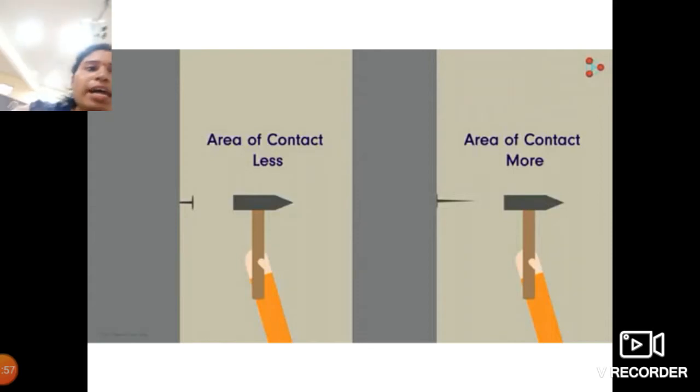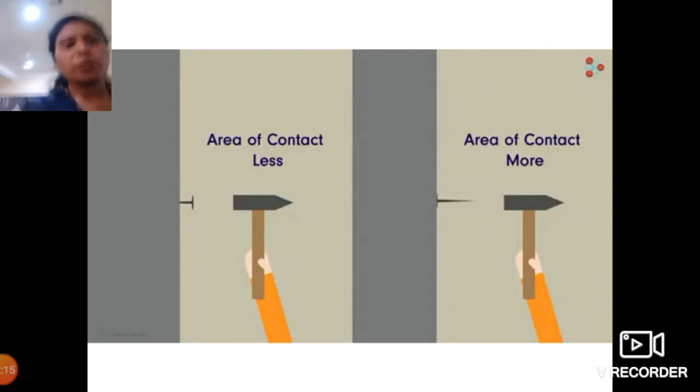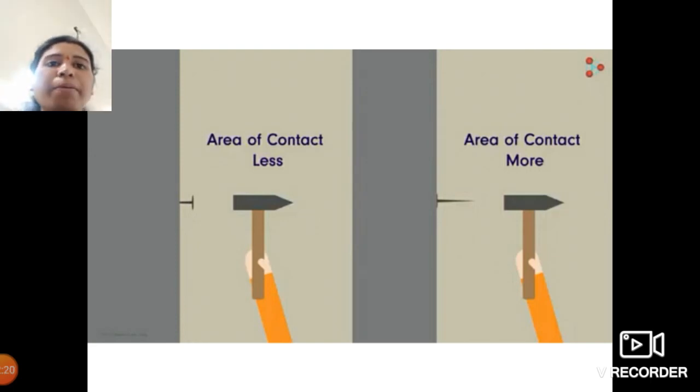Again, students, I repeat, if you notice the tip of the nail, which is really small, and we compare this to the flat surface of the nail, the area of contact with the wall reduces to a great extent.